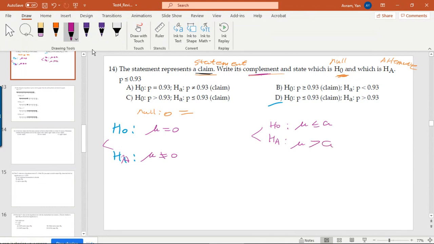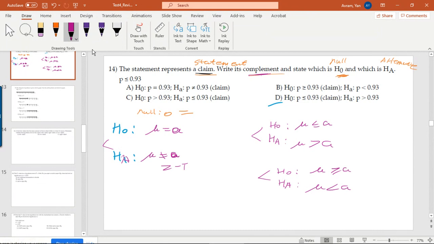All right, so that's the second pair. And then the third pair is this one greater than or equal to A, and then this one will be less than A. So that is complementary here. And if we look at this one right here, this is called two-tailed because you have a not equal to A.